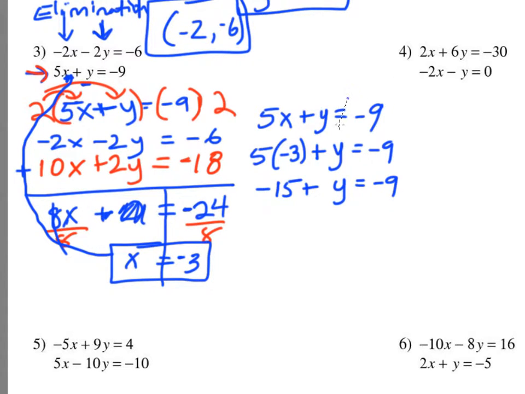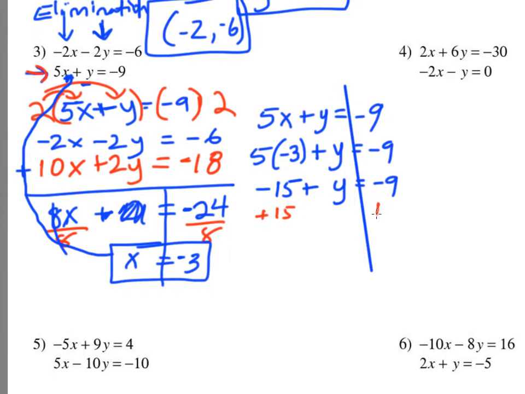Draw my barrier here. Kind of a diagonal barrier, but we'll have to deal with it. All right, so let's take stock here. What do we have? We want to get y by itself. Who's hanging out with y? -15. How do I get -15 to go to the other side? What's the opposite of -15?